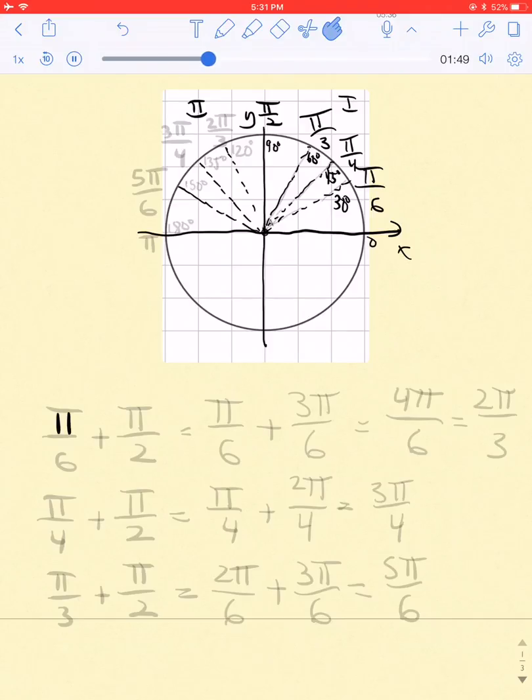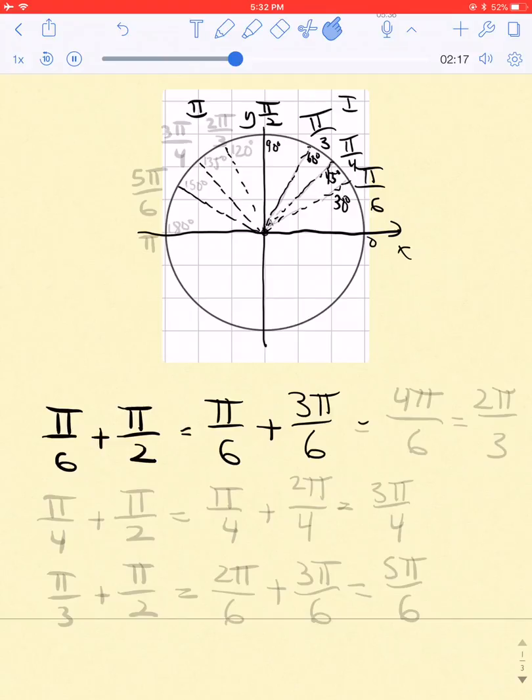So if we start in radians with pi over 6, and we add pi over 2 to that, that is equivalent to pi over 6 plus, if we change this pi over 2 to sixths, that'll be 3 pi over 6, because 3 over 6 simplifies to 1 over 2.